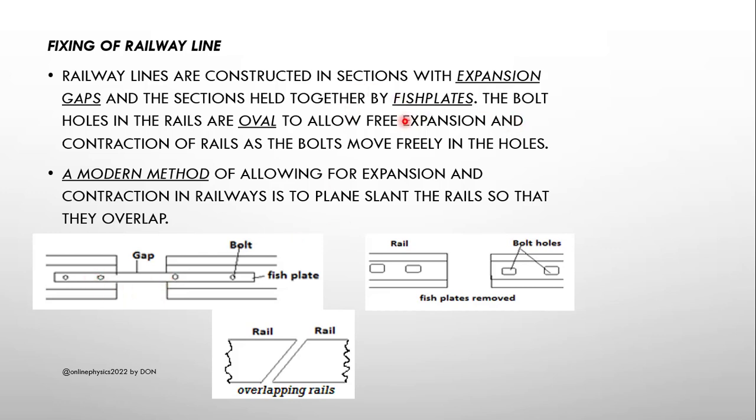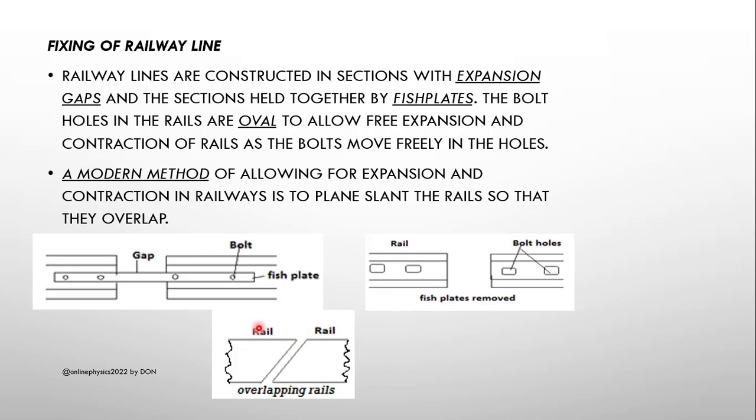Remember, we have said that the bolt holes in the rails are oval. So these holes are oval, so that once expansion and contraction takes place, it can take place freely, as the bolts move freely in the holes.